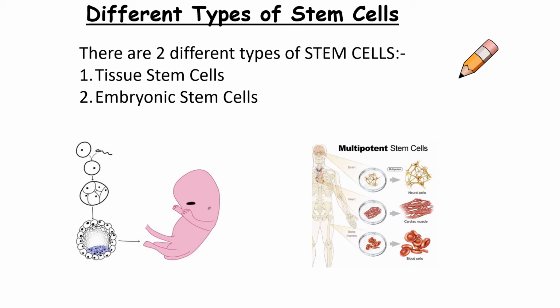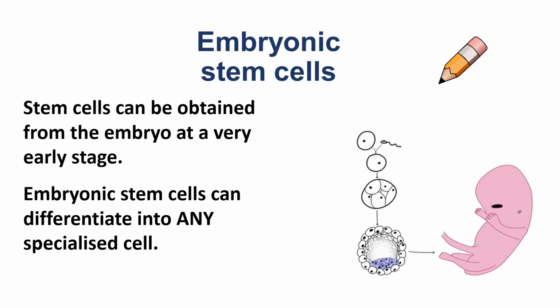There are two different types of stem cells. There are tissue stem cells and there are embryonic stem cells. So let's look at the two different types of stem cell in more detail. Embryonic stem cells can be obtained from an embryo at a very early stage when it's a blastocyst. Embryonic stem cells are very special as they can differentiate into any specialized cell, so they can become anything.